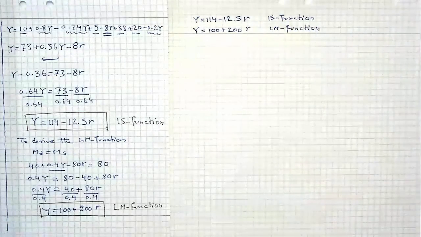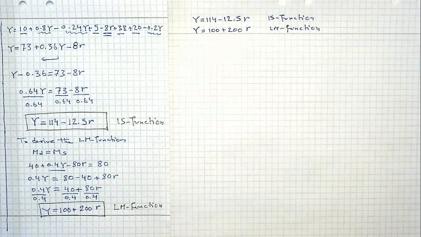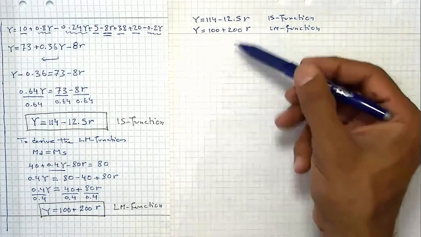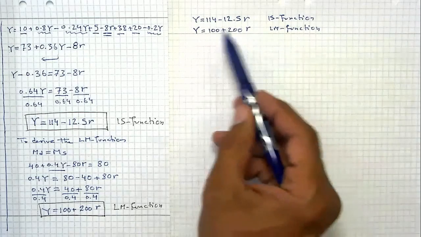All right, there are many different ways to solve this problem. This is actually in mathematics called a system of linear equations. A system because you have two equations tied to each other and they are linear.